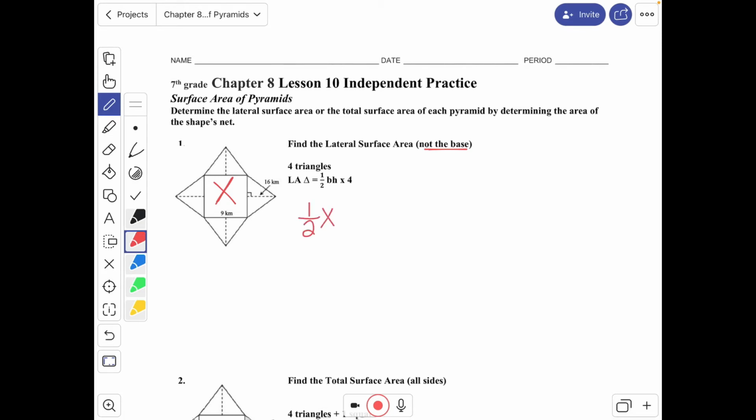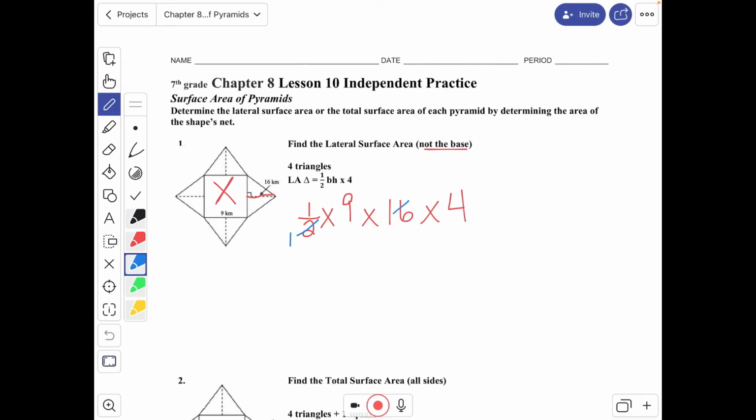So we have 1/2 times, what's the base? 9. And the height, again, it has to be at that right angle, is 16 times, there's 4. So we can simplify. You can pick either the 2 and the 16 or the 2 and the 4. I'm going to go with the 16.